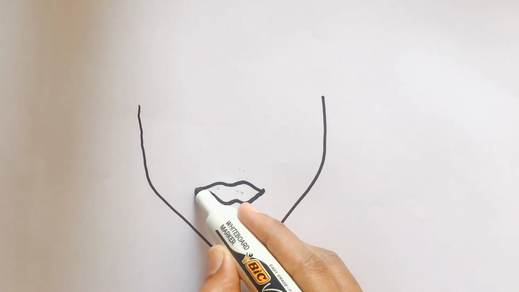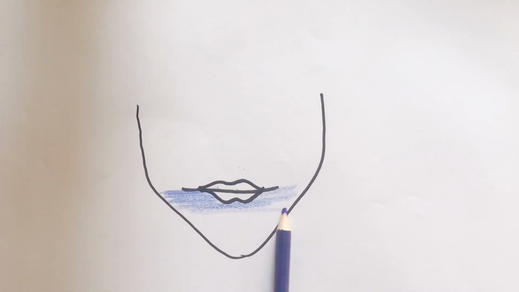Now the stomodeum is bounded below by the mandibular process, which becomes the lower jaw.